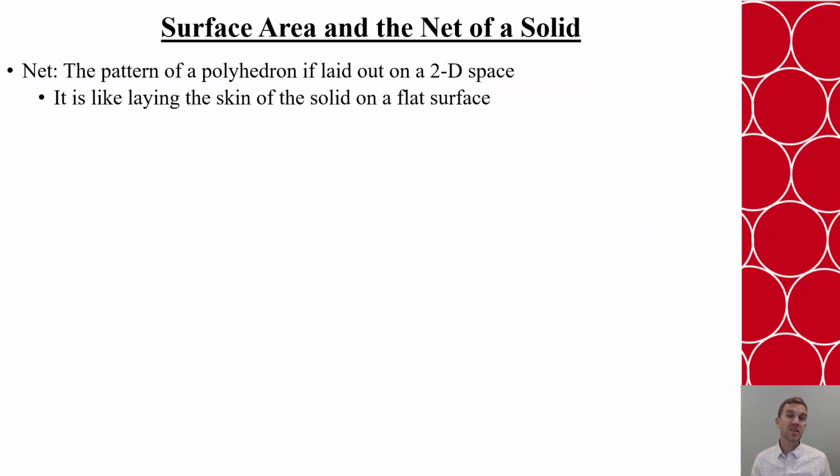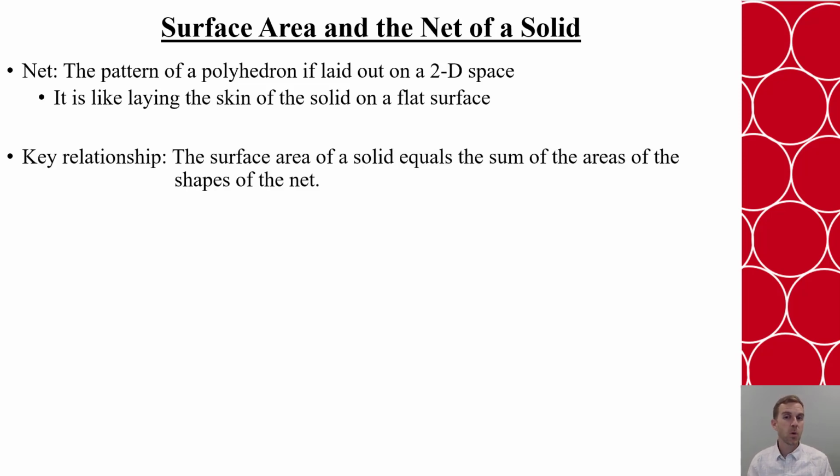Now, another way we can think about surface area is through the net of the solid. The net is a pattern of a polyhedron if it's laid out on a two-dimensional space. It's like peeling the outside of that solid, like it's the skin of the solid, and laying it flat, and then finding the area of each of those surfaces that are made up of polygons.